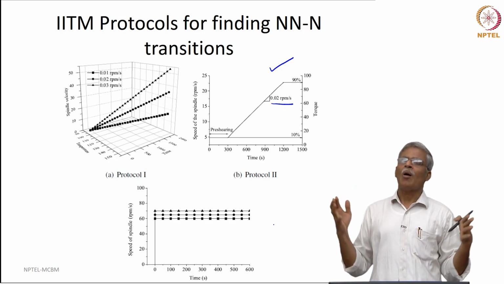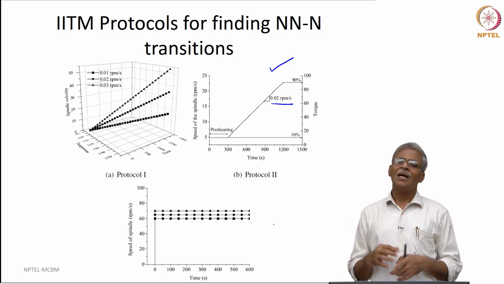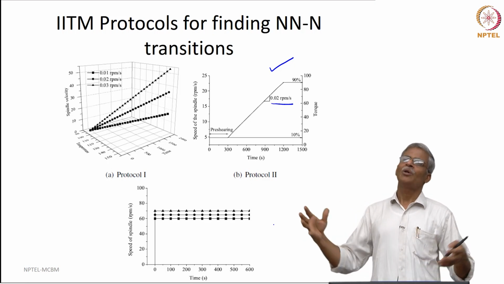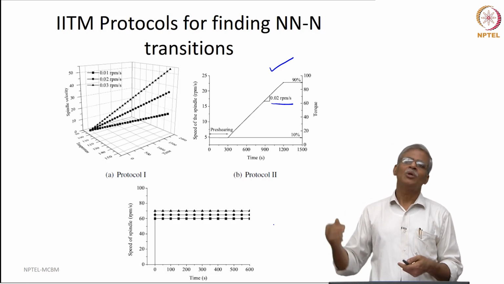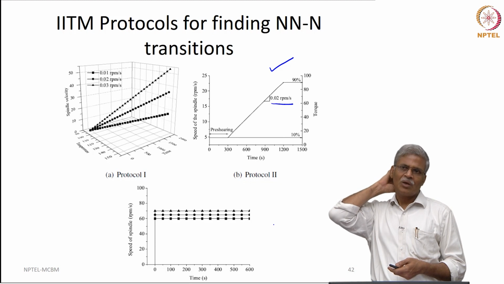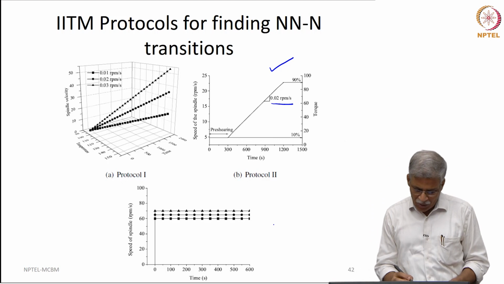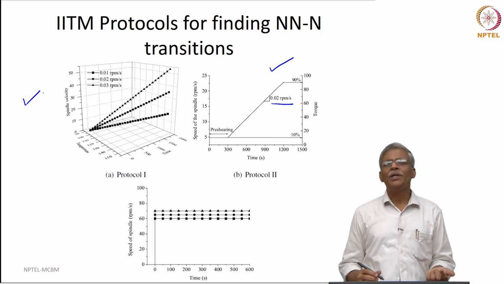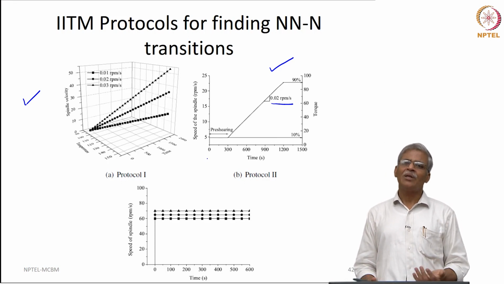So, the actual compaction process that you see here is fairly complex, and unless one develops an experimental test procedure in which one can bring in all these features, it is not really possible to measure what is really called the actual mixing and compaction temperature. For instance, in this particular procedure that you see here, we not only vary the temperature, we also vary the shear rate, and we get interesting data for computing the Newtonian and non-Newtonian transition.